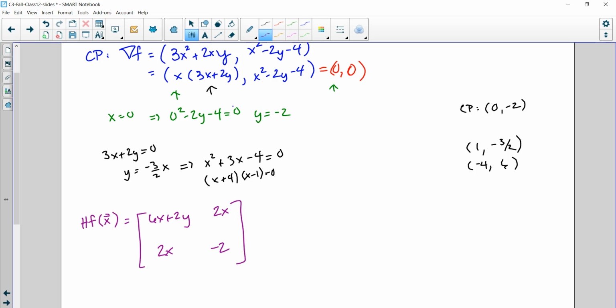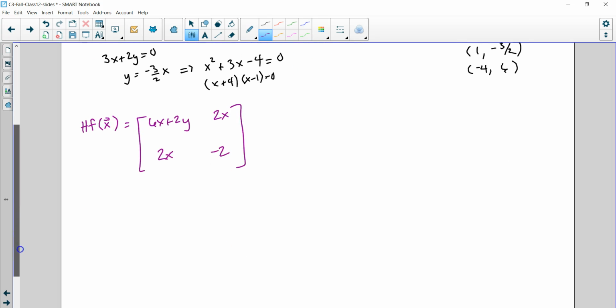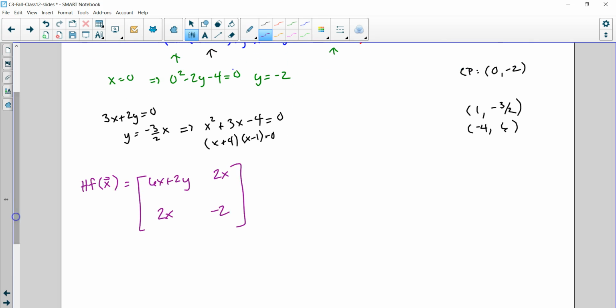Okay, so then when I look at the Hessian for my first critical point, let's look at the Hessian of f at (0, minus 2). What I end up getting is negative 4, and then 0, 0 in the off diagonals, and then minus 2. So then I look at my sequence of determinants.